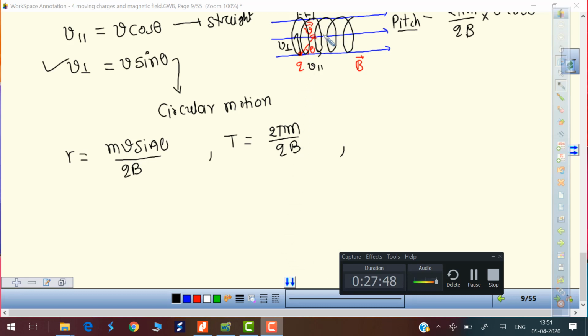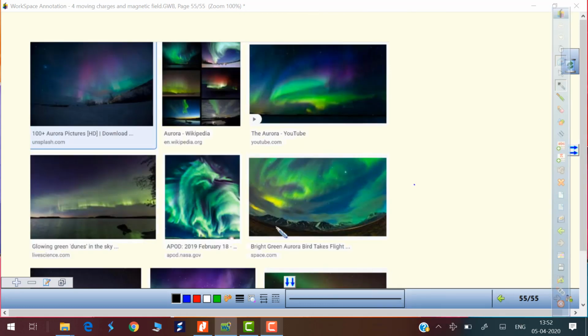Because of this type of motion, we see very interesting phenomena in nature. This is called aurora borealis. You can see it in North Canada and Alaska. What happens is that at the pole, the magnetic field intensity is very large.